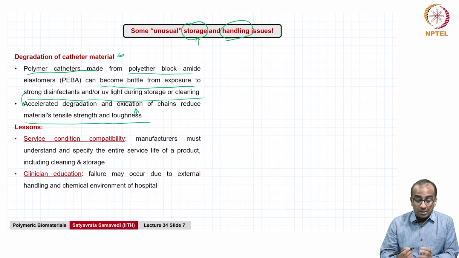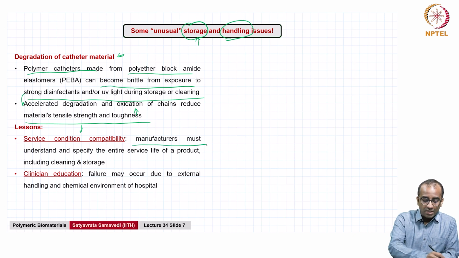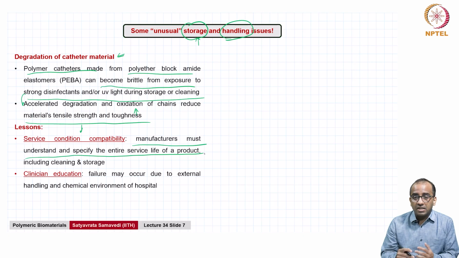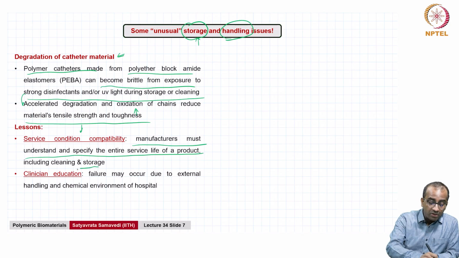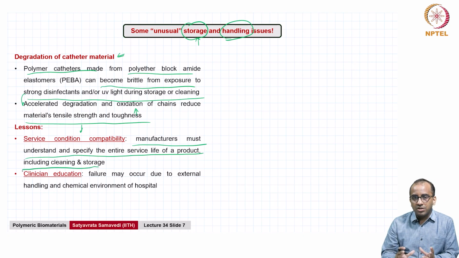So, the lessons to be learnt from this one are the service condition compatibility. Essentially, manufacturers must understand and specify the entire life of a product, including cleaning and storage, and not just from the time it leaves the factory, but all the way from the time it is shipped to the site of use, the storage conditions that must be adhered to and the precautions that must be taken therein until the point of implantation and surveillance thereafter.